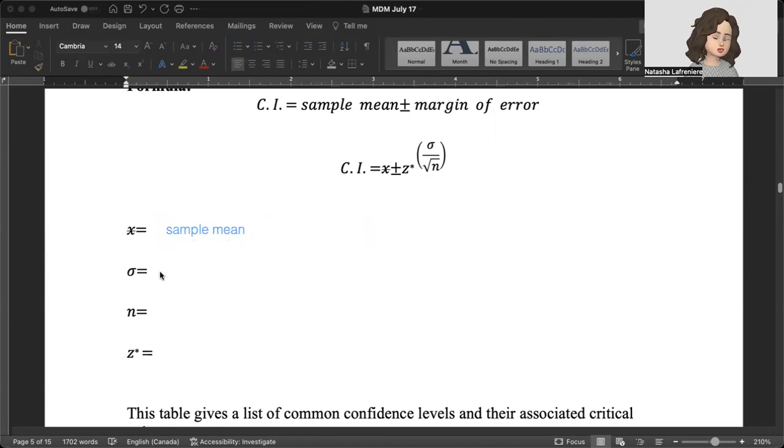Our sigma is going to be our population standard deviation. Our n is our sample size. And the z star is our critical value for the confidence interval.